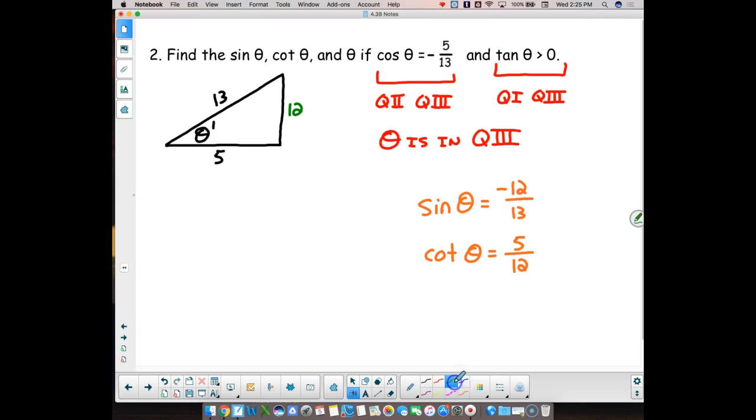Theta prime now, we can go with inverse tangent, inverse cosine. We can go with any of them, really. I'm going to go with the inverse cosine of 5/13. Okay. Drop the negative sign when we're doing that. When we're finding a reference angle, we drop the negative sign.